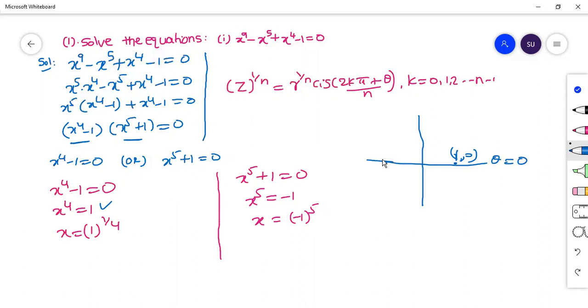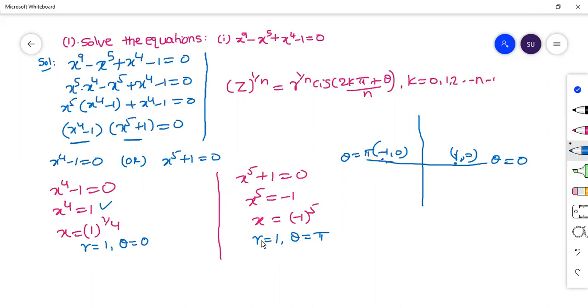If the point is (-1, 0), theta is equal to pi. Now we will use here r = 1, theta = 0. Here r = 1, theta = pi. So how is r = 1? That is the square root of x^2 + y^2: 1^2 + 0^2, and (-1)^2 + 0^2.